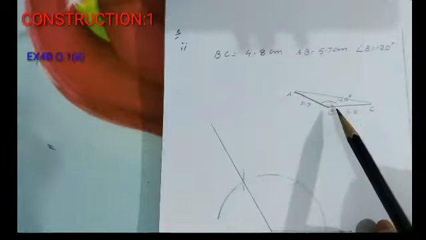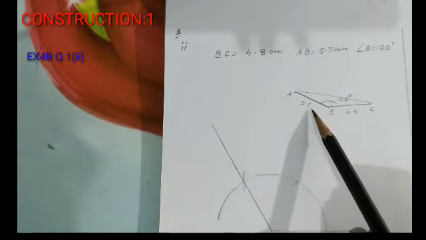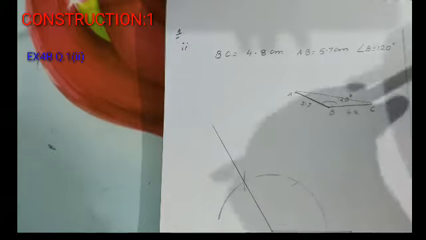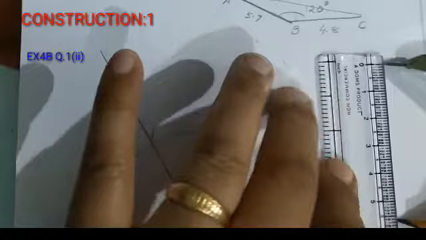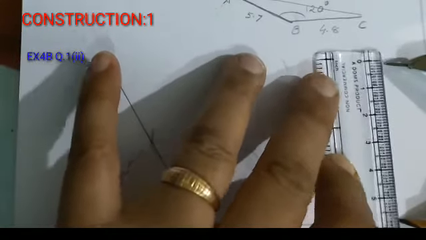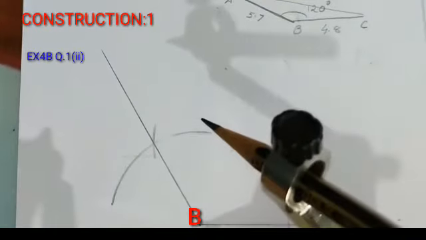Step 3, AB equals 5.7 centimeter. So let's take the radius of 5.7 centimeter with the help of compass. See, first you adjust the arc length of 5.7 centimeter. Then B as center, draw an arc of 5.7 centimeter.